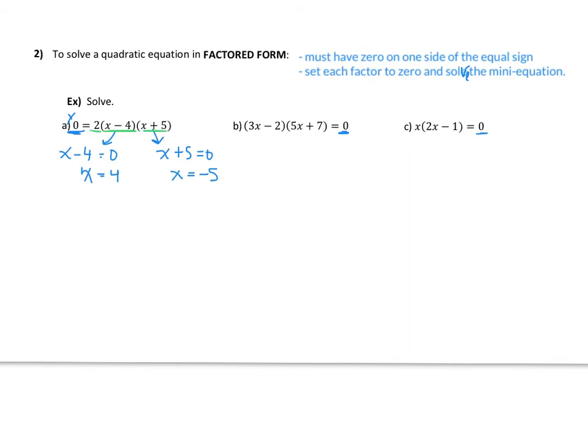And the only way you get an answer of 0 when you're multiplying two or more things together is if one of those things is actually 0 itself, meaning x minus 4 is equal to 0, which then means that x would have to equal 4, because if I put 4 right here to replace the x, I would have 2 times 4 take away 4, which is 0, times 9. That would result in 0 and make the equation true.